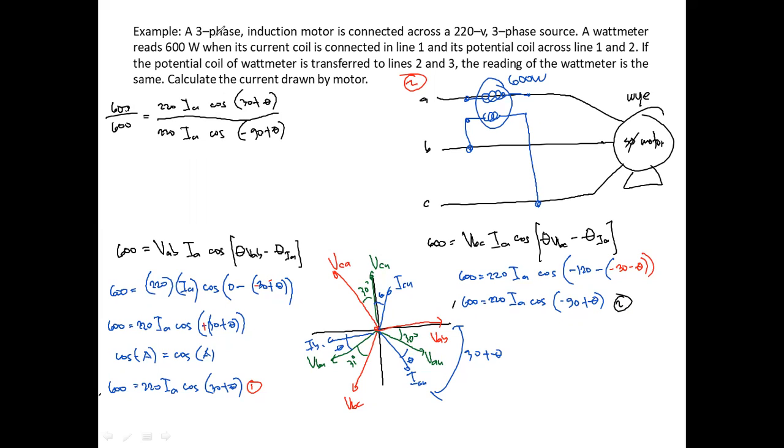Therefore we can cancel out 600 and 220 IA, so cosine of 30 plus theta is equal to cosine of negative 90 plus theta.